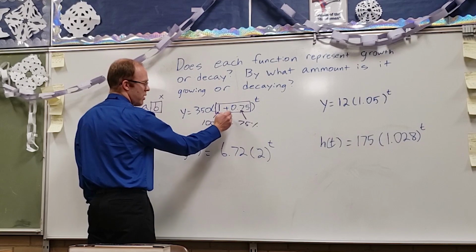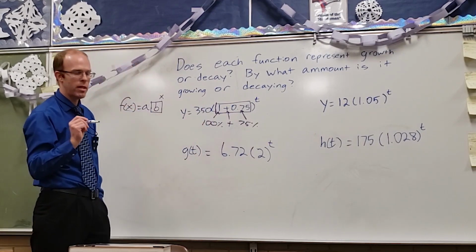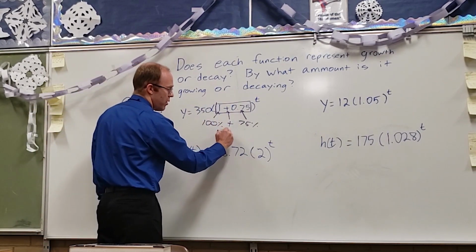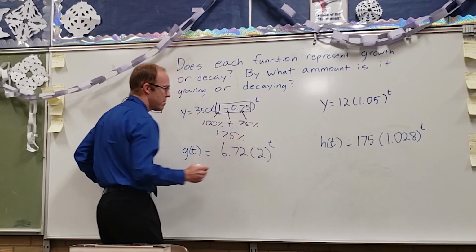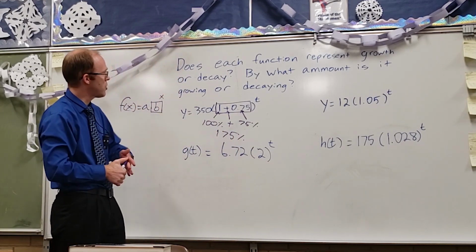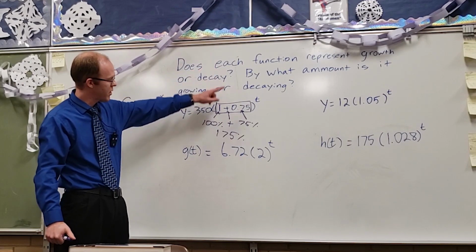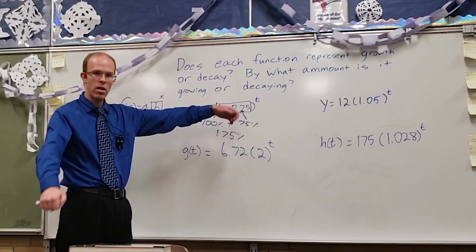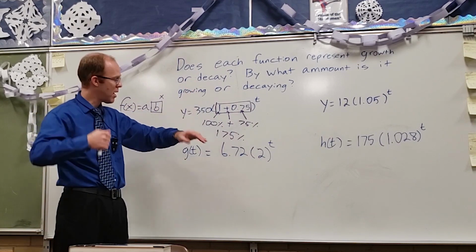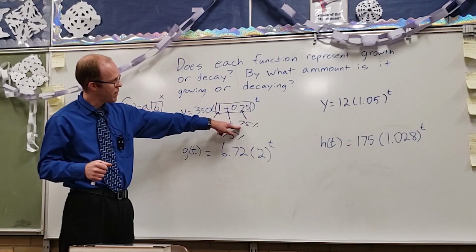If we add those together, like the problem indicates right there, that gives us 175%. So, question, does each function represent growth or decay? In this case, we are adding 75%, so we are growing by an amount of 75%.